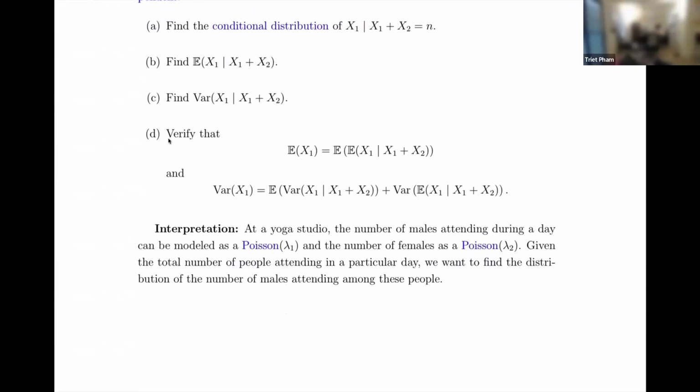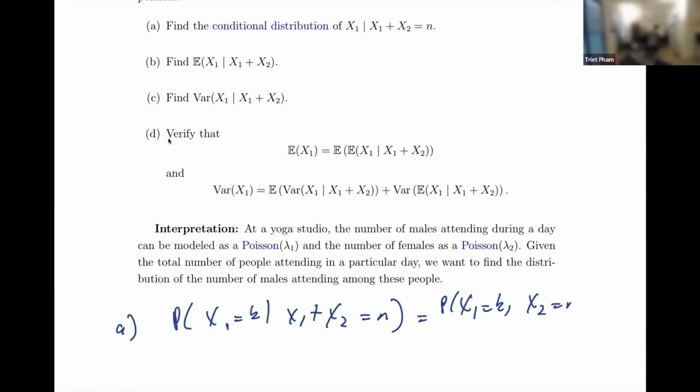Well, so again, the first thing to do is just to do x1 equals k, conditioned on x1 plus x2 equals n, right? And then you just do the formula. Okay.